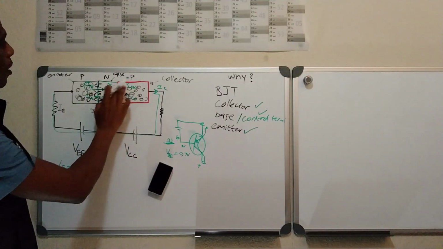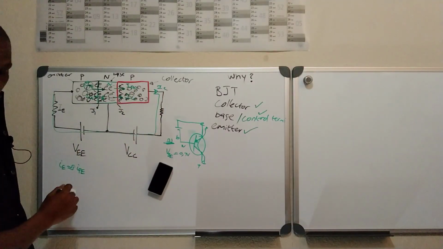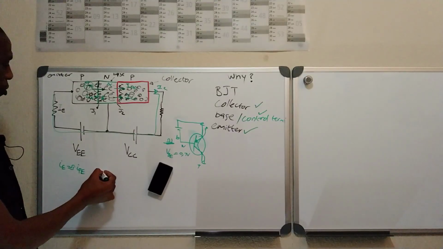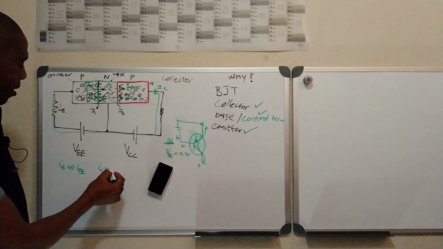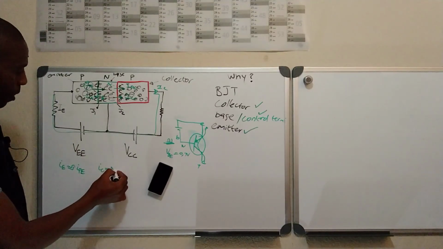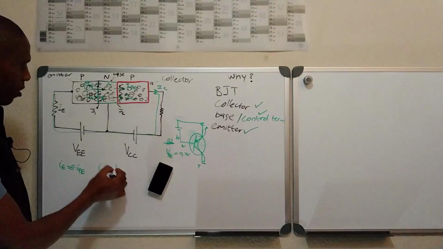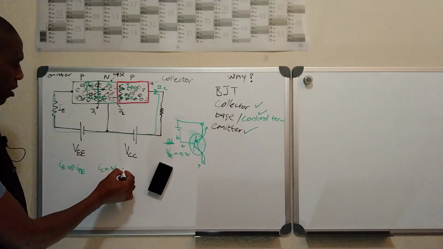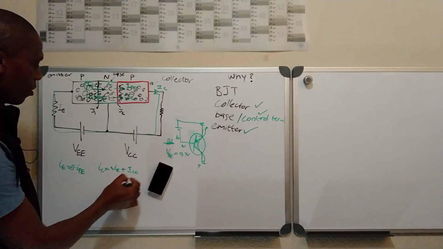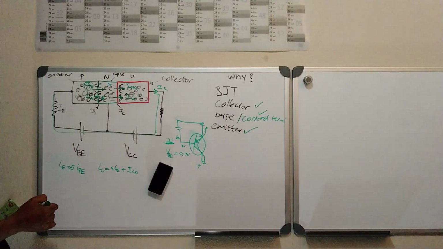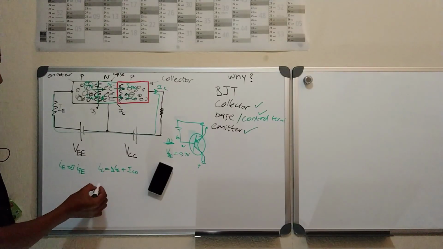So now we're looking at the collector current. Basically the collector current is equal to alpha multiplied by IE, which is the emitter current, plus this reverse current that is denoted by ICO. Does it make sense? Let's find alpha.